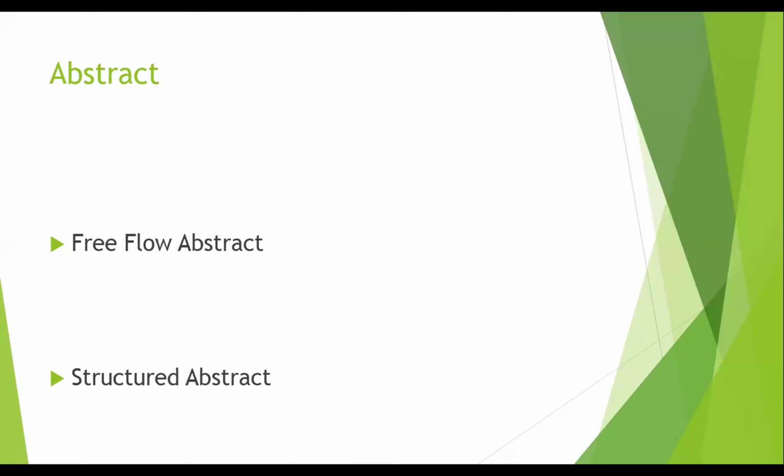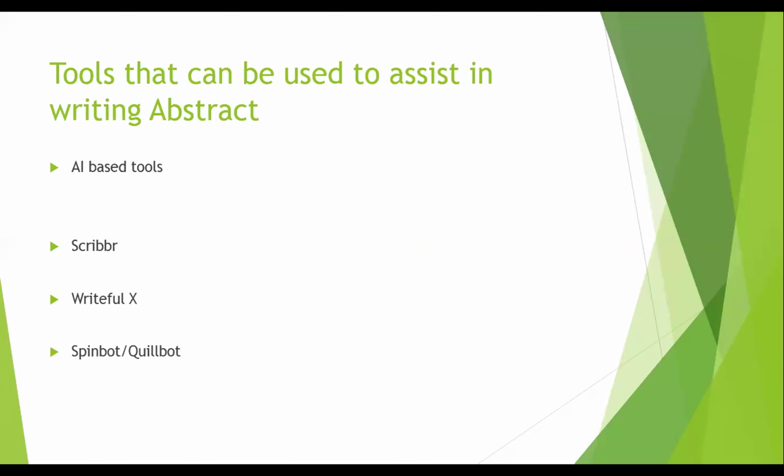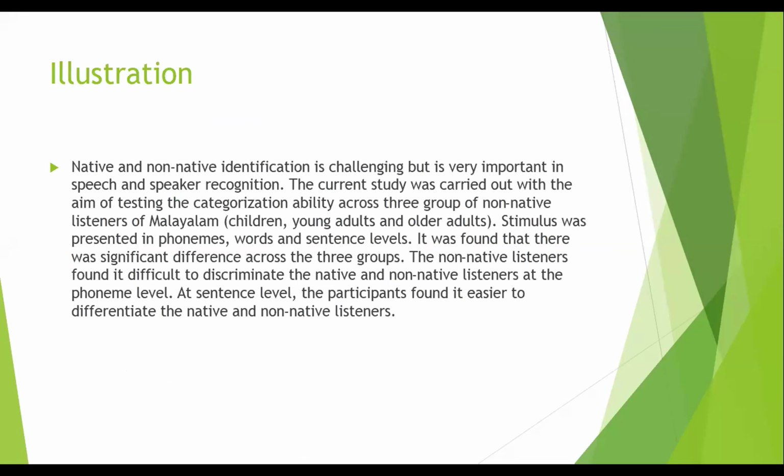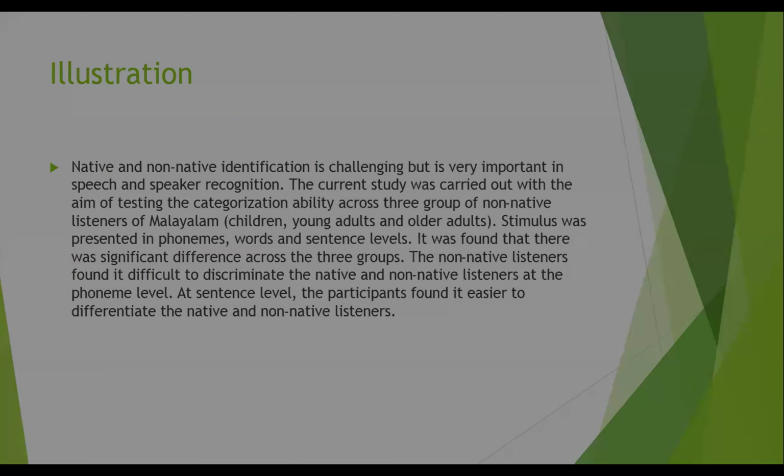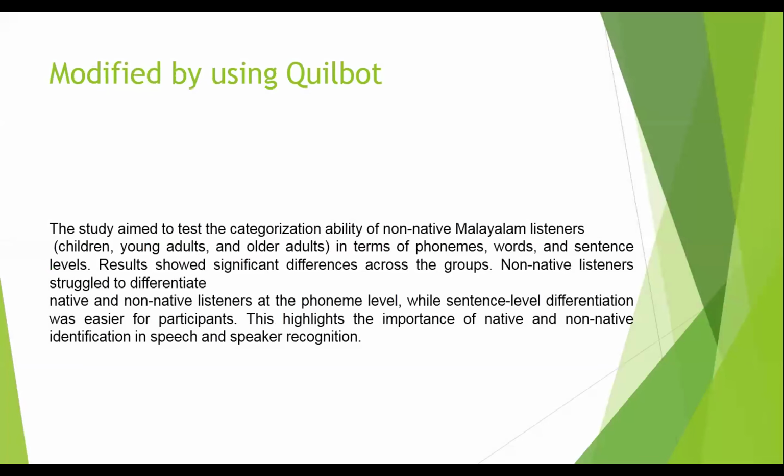I was discussing abstracts, and whether it is a free-flow abstract or a structured abstract, there are certain tools like Scribbr, Rightful-X, Spinbot, Quillbot, etc., which can be used. Then I demonstrated how a manually written abstract, about 180 to 190 words long, is cut short and modified using Quillbot.